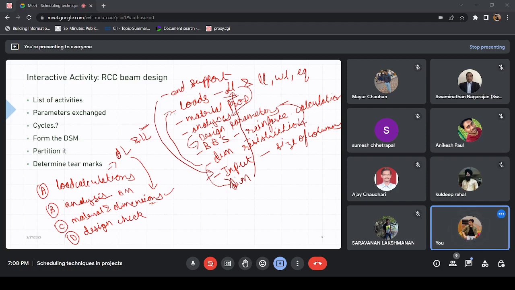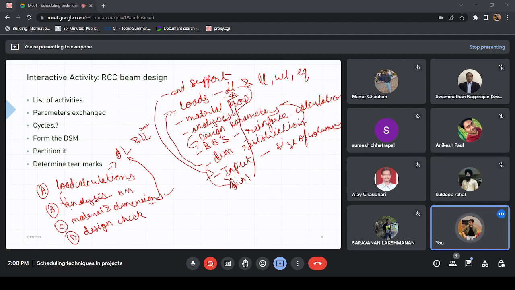Can you see this flow? From dimensions you are determining the dead load. You assumed something, determined the dead load, used it for load calculations, and now you will do the analysis.